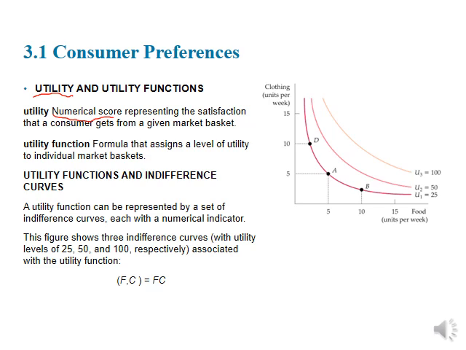We can say that U3 is 50 utiles more than U2, and U2 is 25 utiles more than U1. But we don't have to say that. We can just say U3 is greater than U2 and U2 is greater than U1, implying some sort of ordinal utility. So I'm going to erase that.